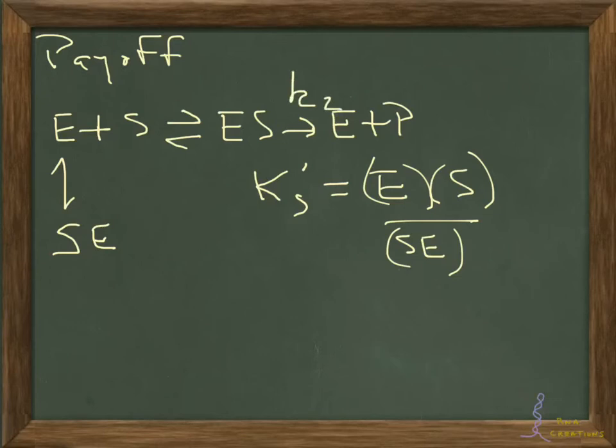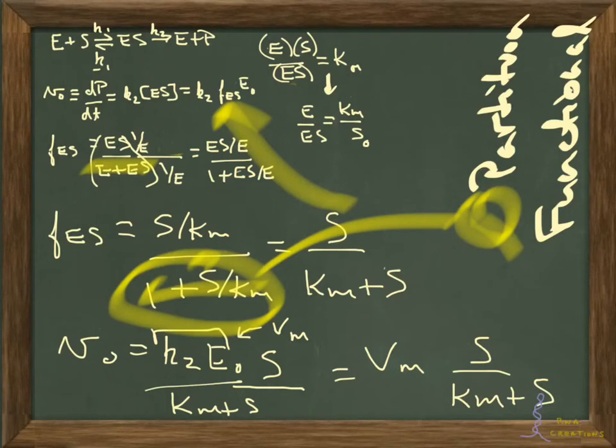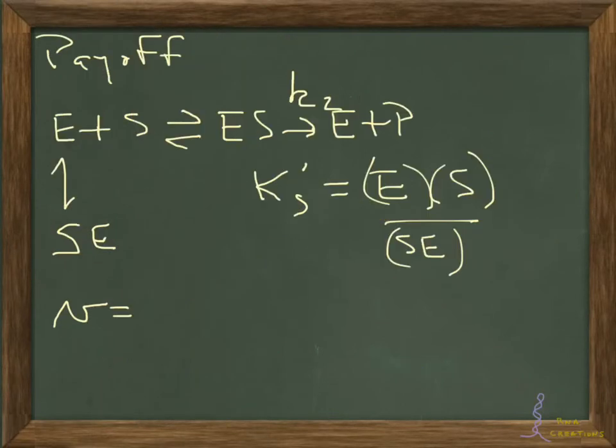And so, if this is K2, then I can write down that the rate is equal to, well, let's go back. Right here, the rate was equal to K2 times the fraction of ES times E naught.